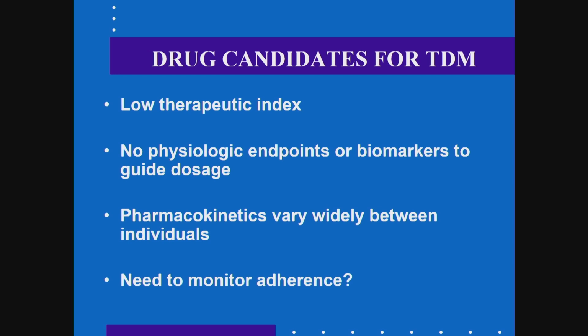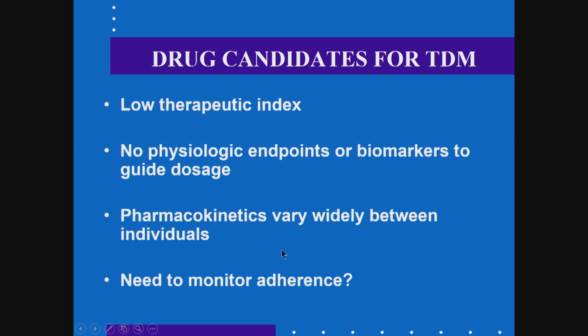So you use the range of therapeutic concentrations, if you will, as your biomarker to guide dosage and hope that that would lead to a significant reduction in the frequency of seizures.